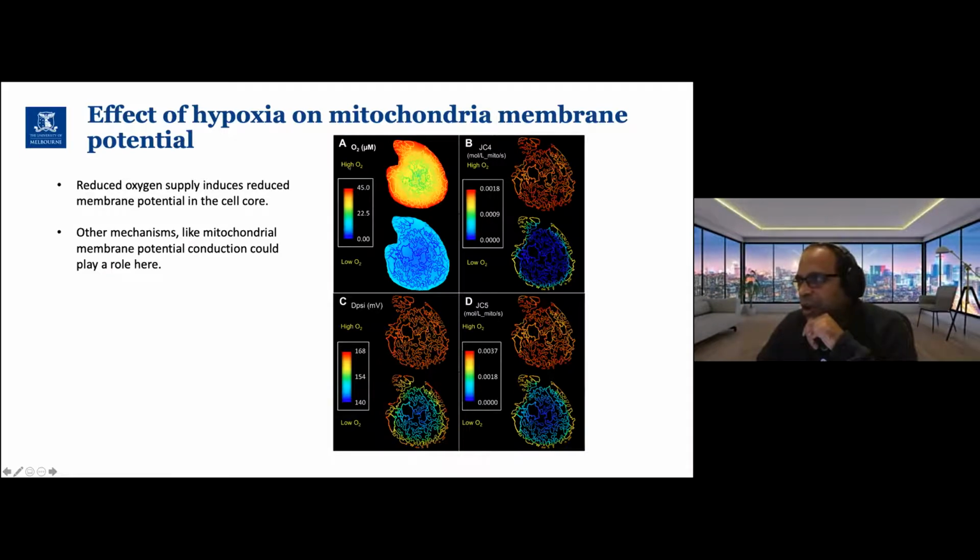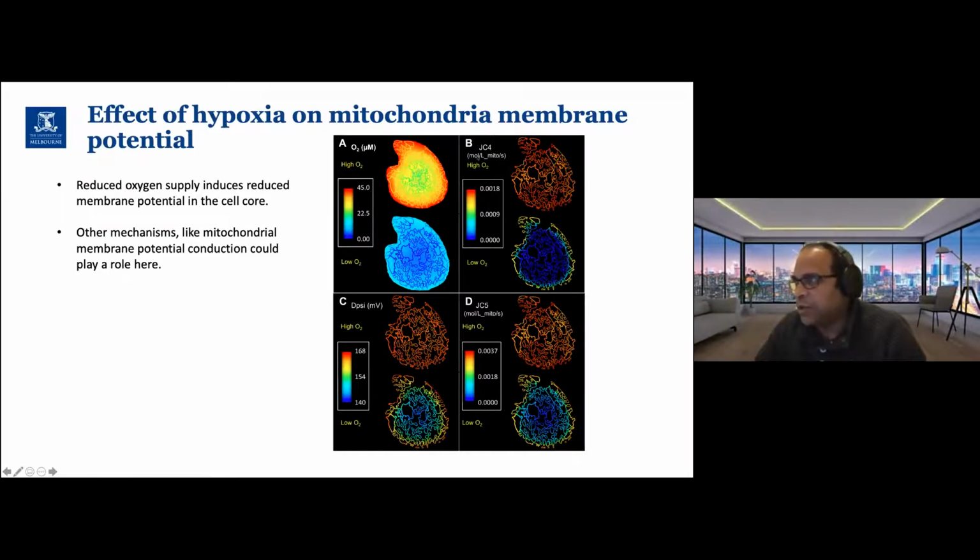But at this stage, you can see by just reducing the oxygen consumption from a high oxygen level to a low level, I can see how the membrane potential, represented on that cross-section, mitochondrial membrane potential, starts to have a spatiotemporal heterogeneity. You can see this inner region through the thickness of the cell has a lower mitochondrial membrane potential than the cell boundary because of that reduced oxygen supply.